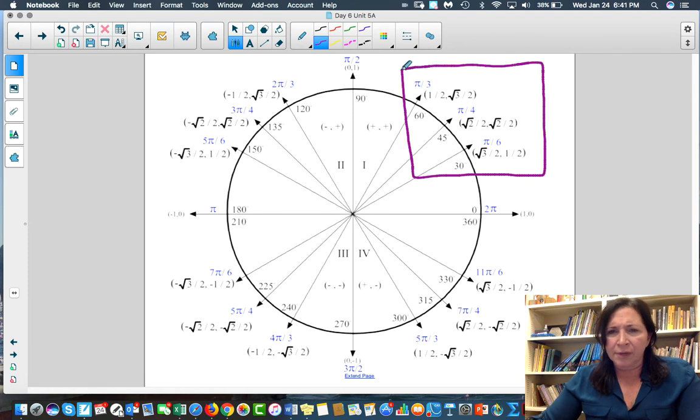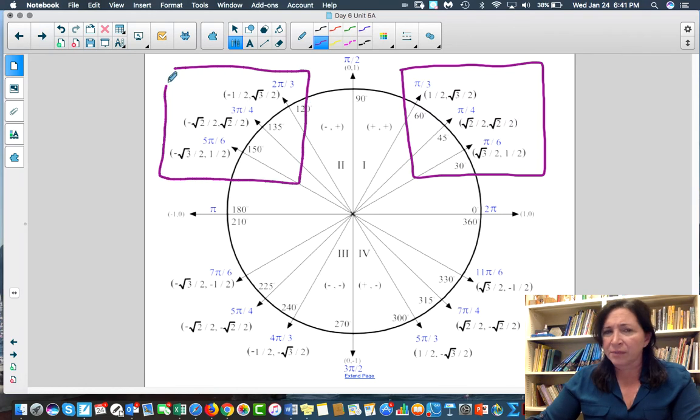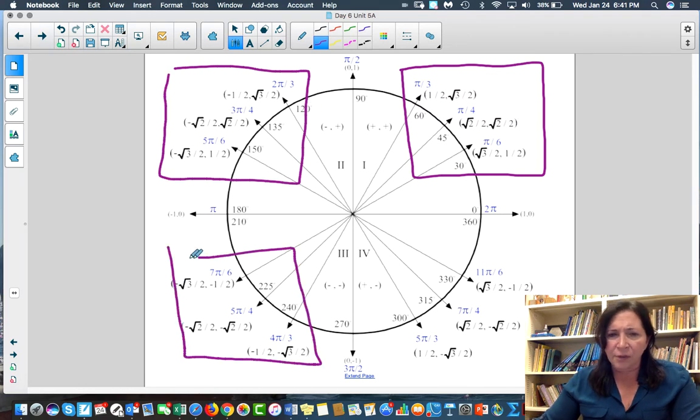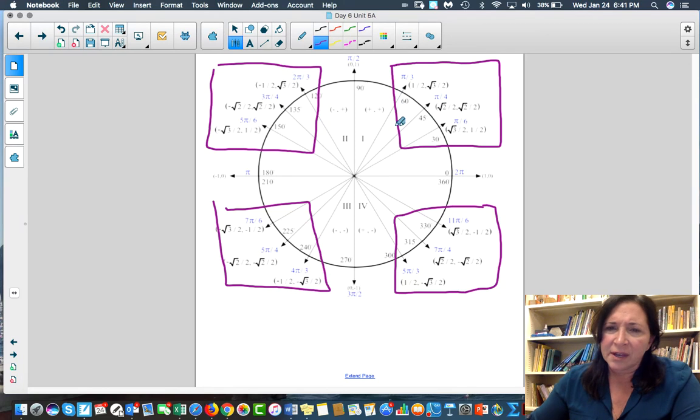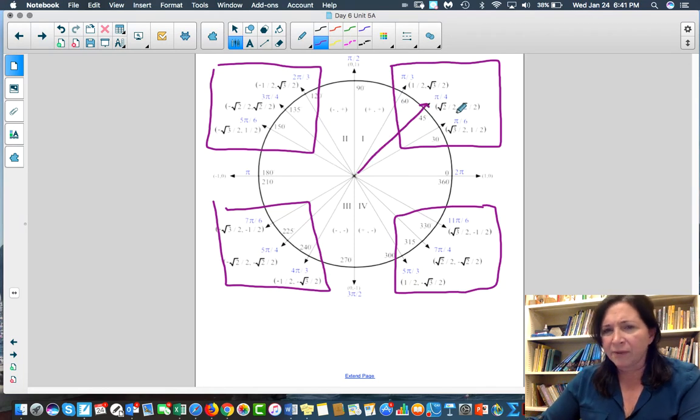This quadrant is all important because it mirrors itself in all of these quadrants with the exception of the positives and negatives. All of these angles here are exactly the same points with the exception of the positives and negatives. And what that means is this. Remember when we were doing the last problems, we were doing a 45 degree.